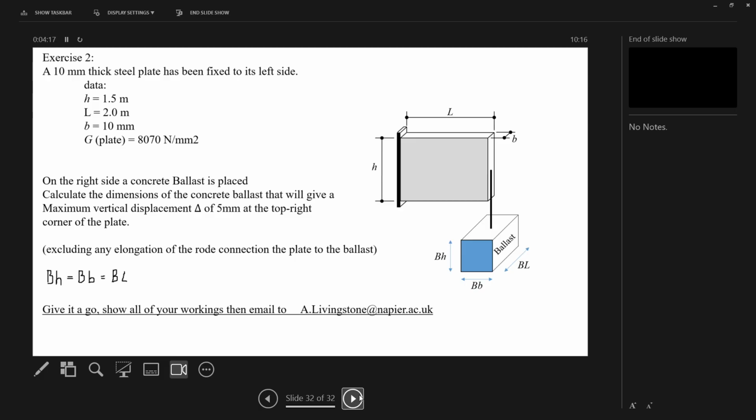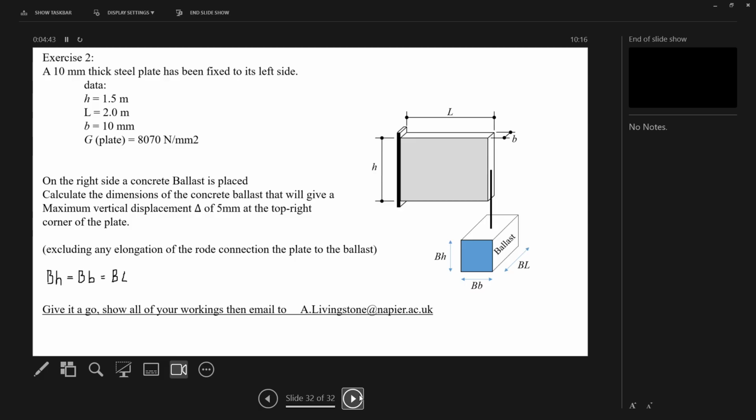Concrete. Right. So on this occasion, I don't think I have given you the density of concrete. So you'll have to go and figure out what the density of concrete is.